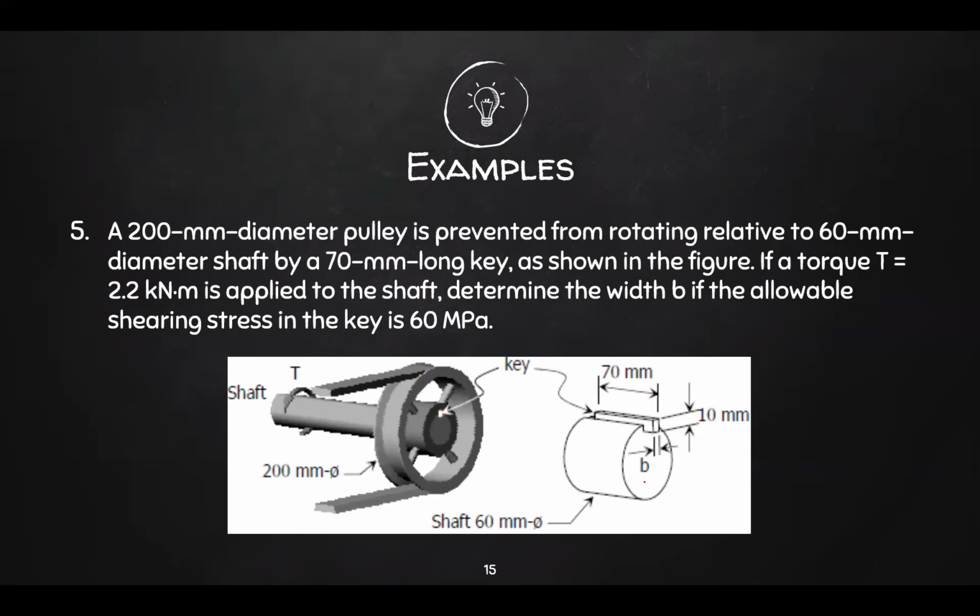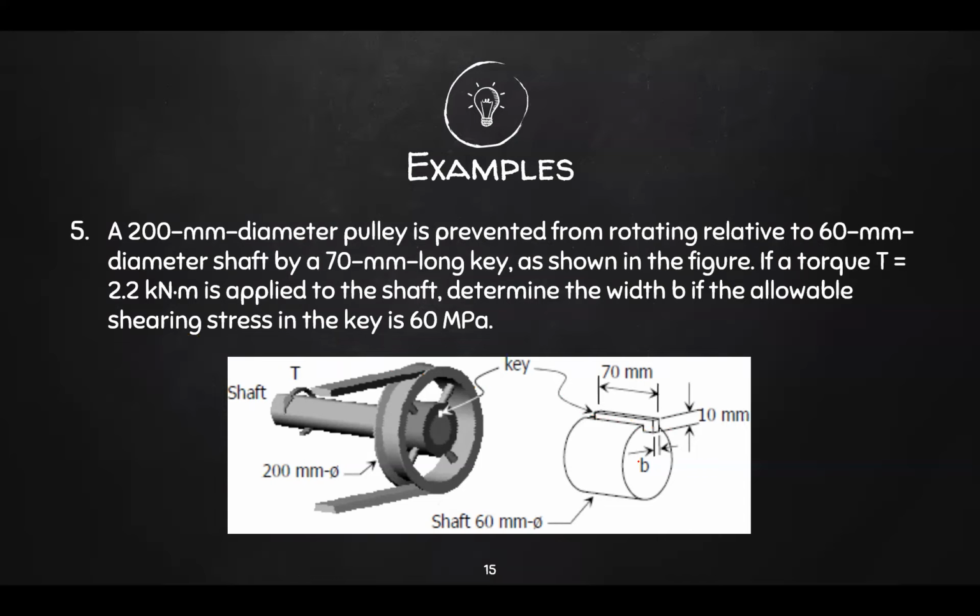Now, in order to get that thickness b, we should know what kind of stress it's going through. It's already given in the problem. We're given shearing stress, so we'll base it off of that. So this key is apparently undergoing shearing stress.